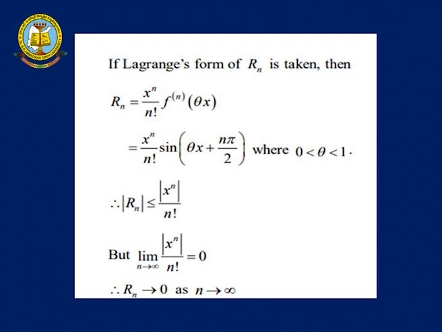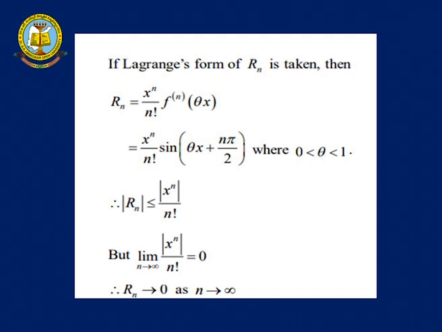Now let us apply the modulus on both sides: mod of Rn is less than or equal to mod of x power n by n factorial. Here the range of the sine value is always between minus 1 and 1, and we take 1, so mod of Rn is less than or equal to mod of x power n by n factorial. Now apply the limit: as n tends to infinity, x power n by n factorial tends to 0.